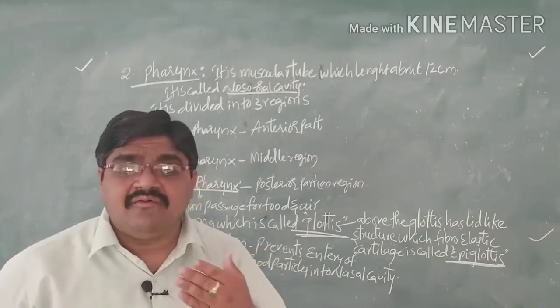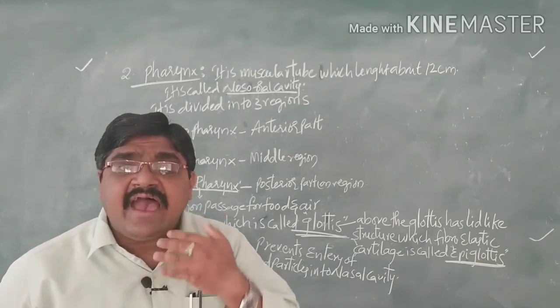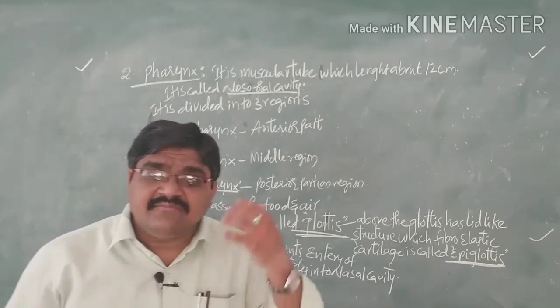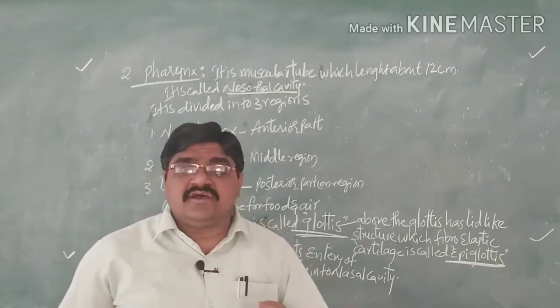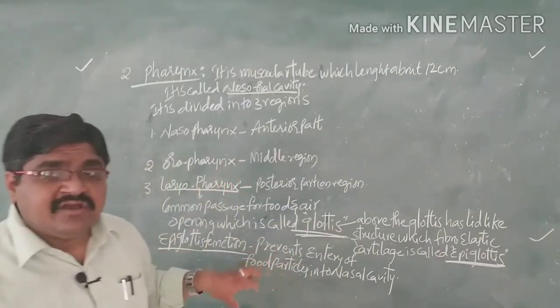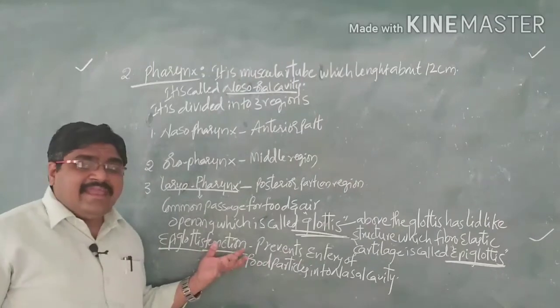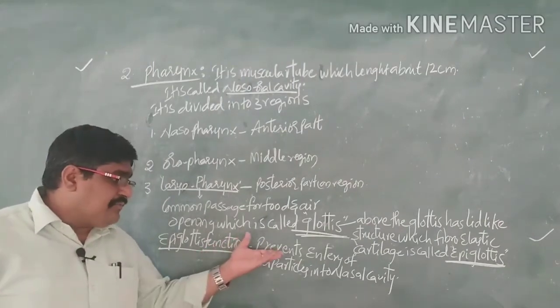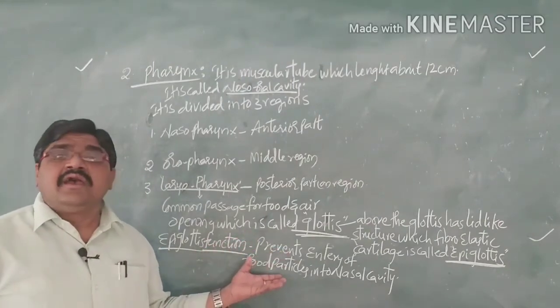By severe cough, the food particles come back to the mouth, or sometimes through the nose. That is the function performed by the epiglottis: preventing the entry of food particles.